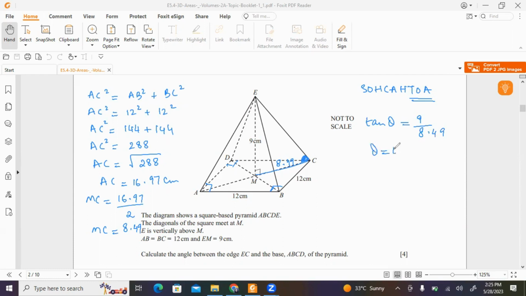Then we take tan inverse of this fraction. Now we just plug this in the calculator: 9 divided by 8.49, and then tan inverse of that, 46.67 degrees. That is your angle between the edge EC and the base.